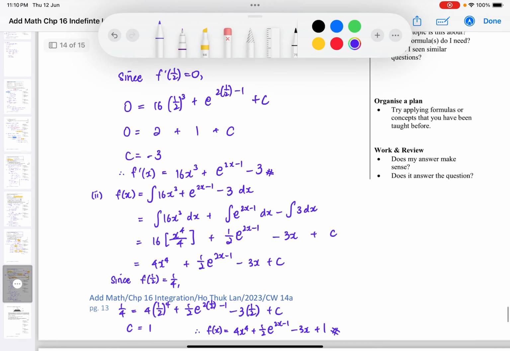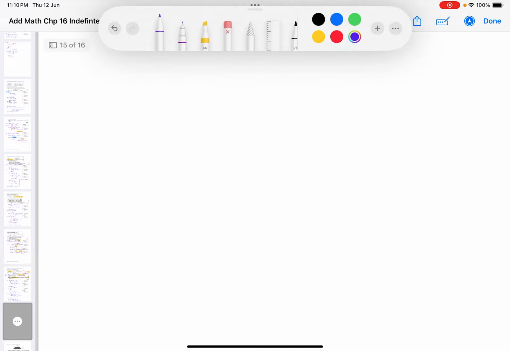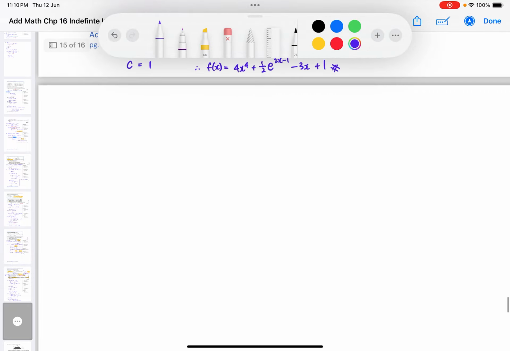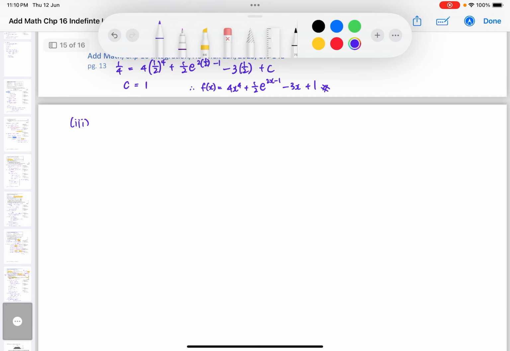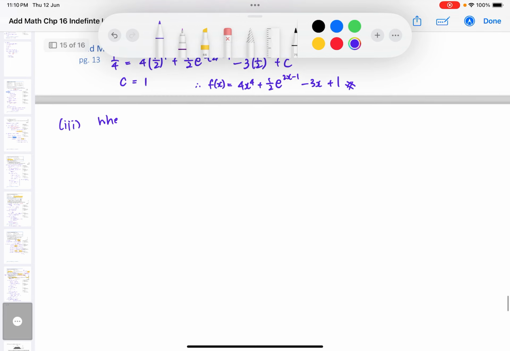Oh dear, I need an extra page. Okay, so part 3. When the curve intersects the y-axis, x equals to 0.